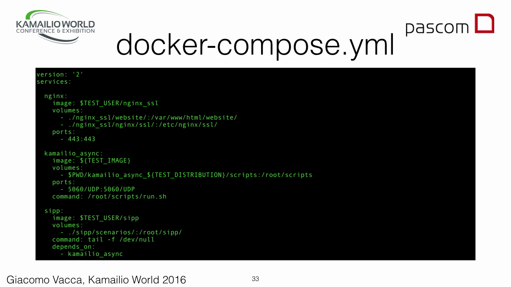While the SIPp one is very simple, it just gets the SIP scenarios from the host via volume, and it doesn't expose any port. And the Kamailio, the system under test container, has just a volume for the scripts, just to be able to run Kamailio. It exposes just port 5060 for the sake of this example, and it's supposed to run a shell script, run.sh, when starting.